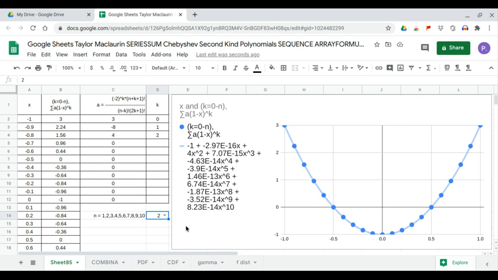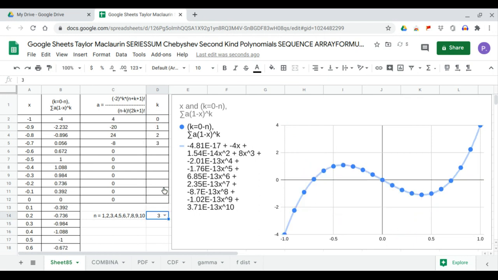The rest are 0. At n equals 3, our Chebyshev second kind polynomial y equals negative 4x plus 8x cubed, and that's it.